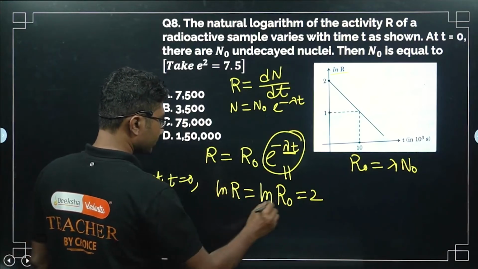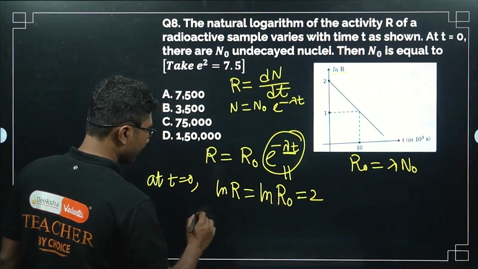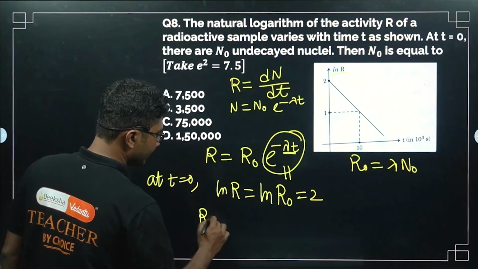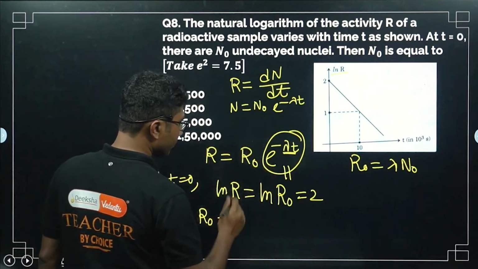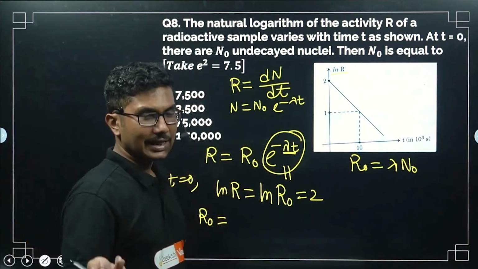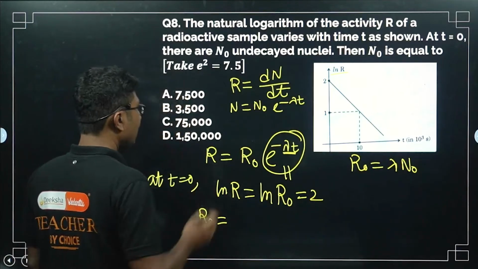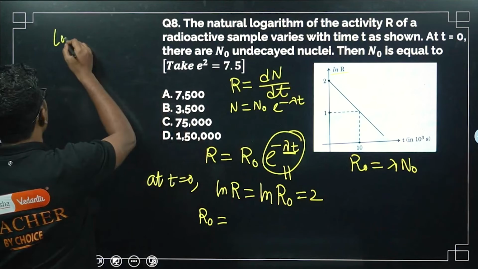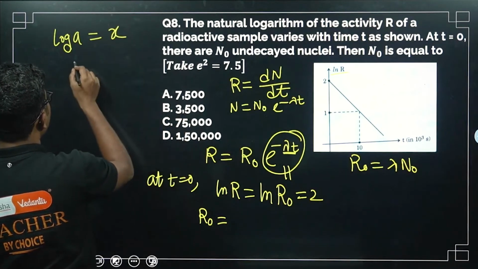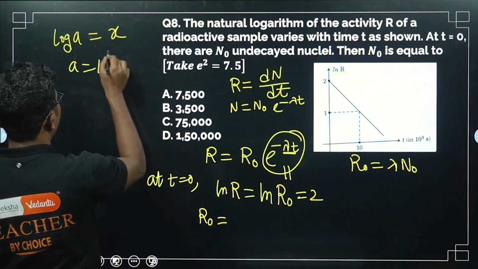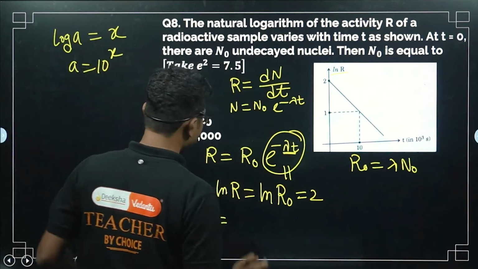Now what we have to do? We have to find the value of R0 from this given information. As you have done in logarithms, if log A equals X, then A equals 10 to the power X, right? Same thing, except in ln, instead of 10 it becomes e.